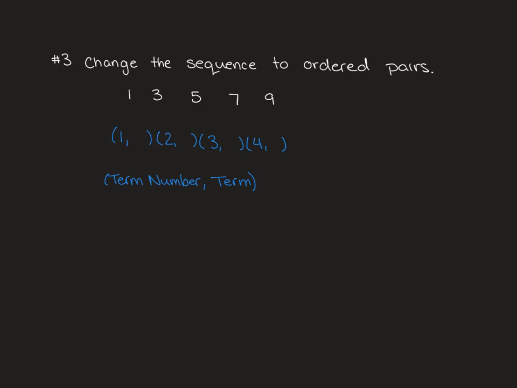So we would then fill in our first term is 1, our second term is 3, our third term is 5, our fourth term is 7, we'd add another, so our fifth term is 9. So our first numbers just start at 1 and go up by 1, but our second number matches our sequence list.